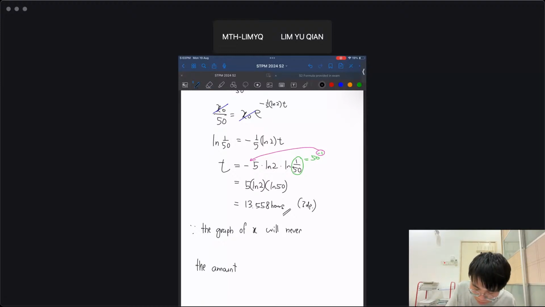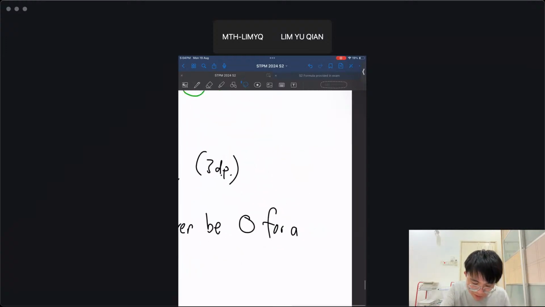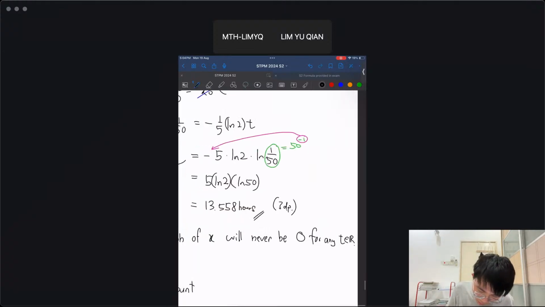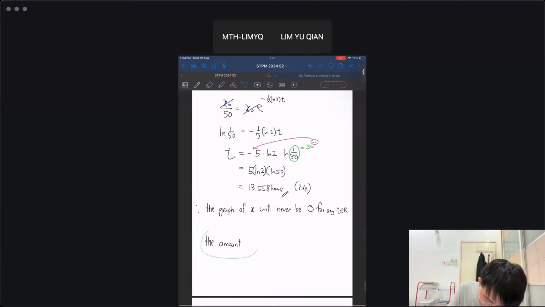The graph of x against t will never be zero for any t. So it cannot be totally eliminated, but it can be a very small amount for any t. Therefore, the amount of caffeine will never be eliminated.